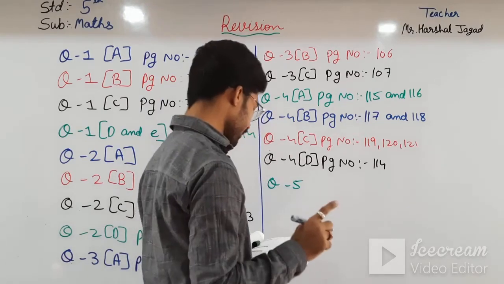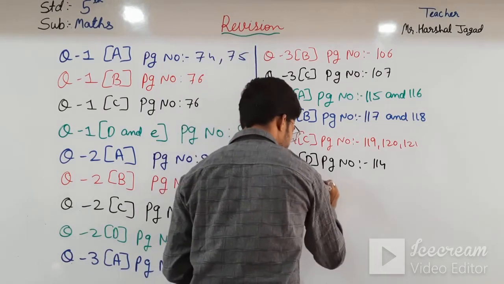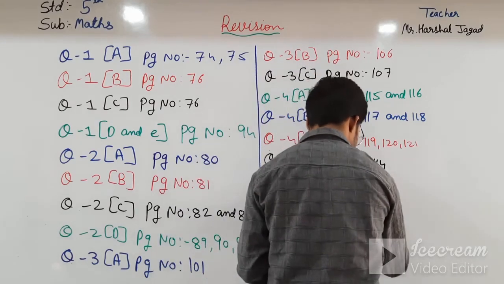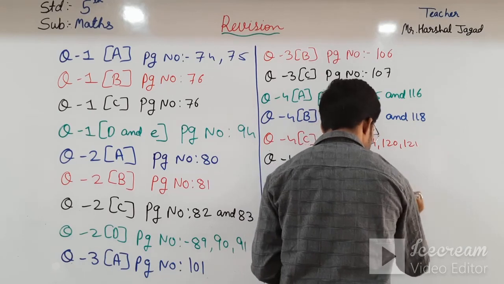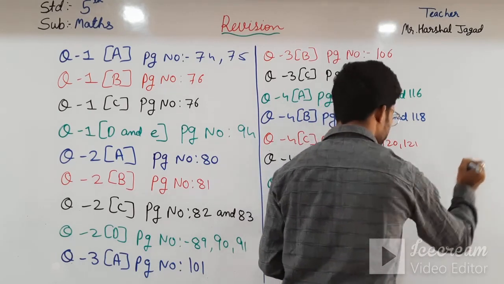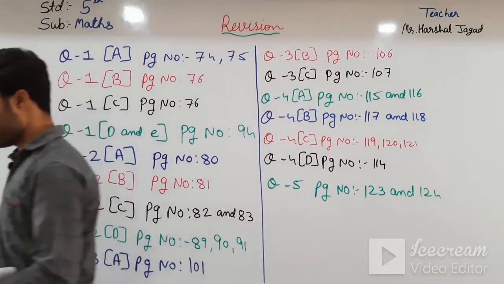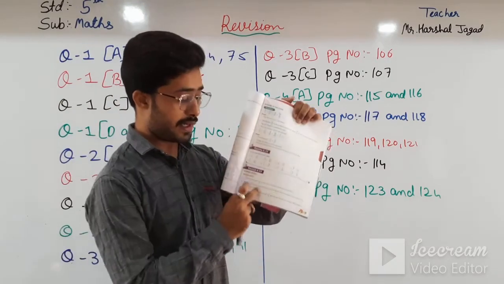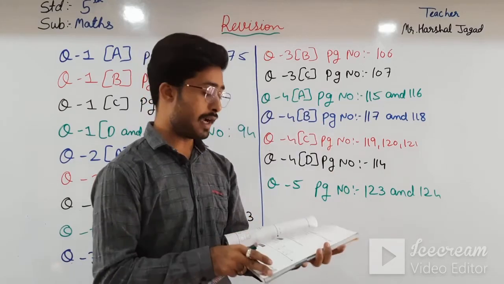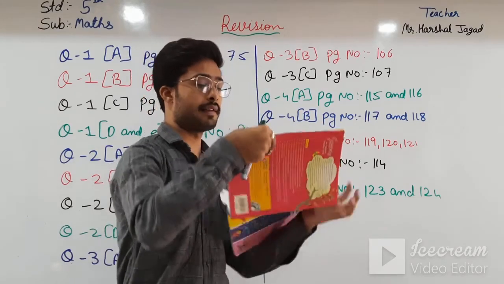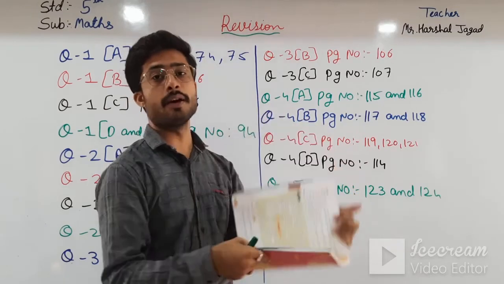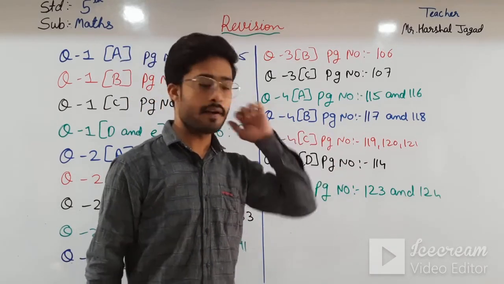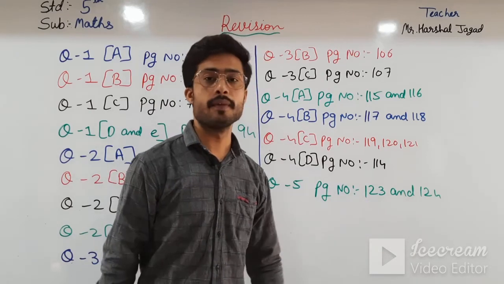So that you have to do according to the page number 123 and 124. Okay students, here it is given multiplication and here it is given divisions. So you have to do both, from this only it will be asked. Okay students, page number 123 and 124.